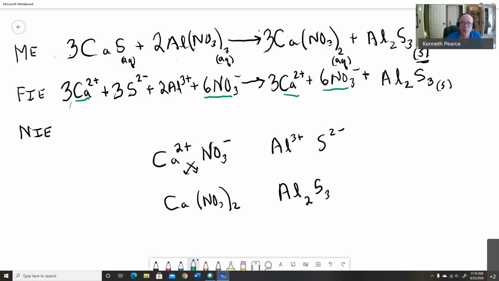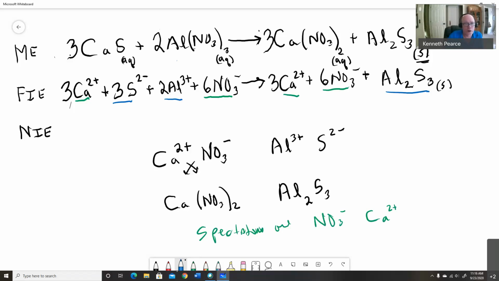So what are our spectators? Our spectators are the NO3- and the calcium 2+. Those are our spectators because they're the same on both sides. Okay, and so now we can take whatever's left over, and those are what end up in our net ionic equation. There they are.